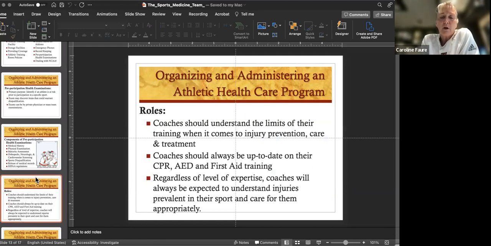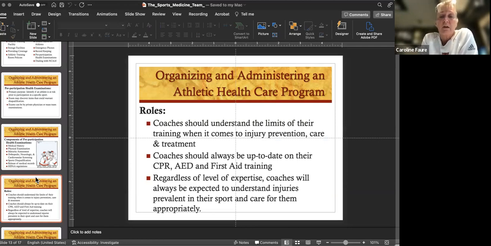So, the roles of coaches within the athletic healthcare team. First of all, understand your limitations as a coach. And I'm sure there's not any of you out there that want the full crux of this responsibility of taking care of kids and being that medical provider. Unfortunately, you inherit a lot of that job because you're with these kids, often more than these kids are with their parents.